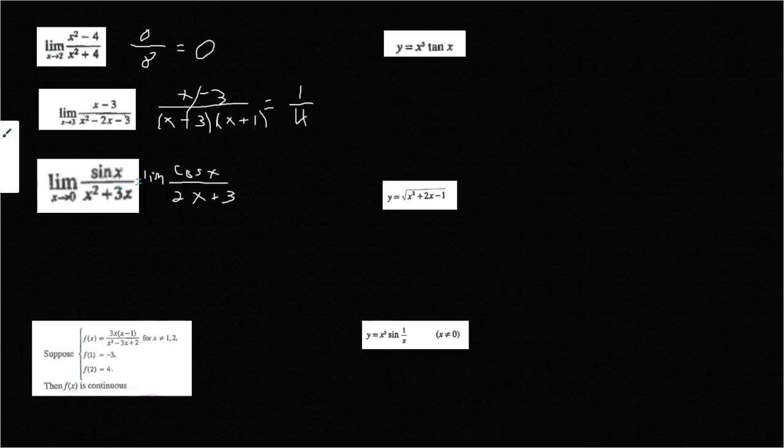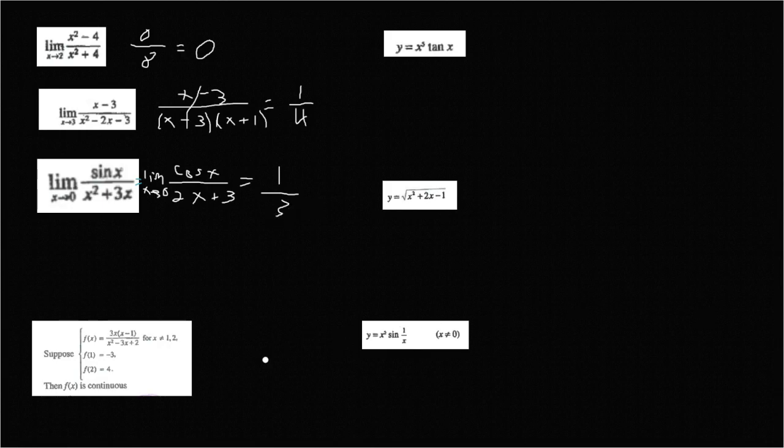So the limit as x goes to 0, that is not an x, x goes to 0. Now we can try substituting in, because we know that cosine 0 is 1, and 0 times 2 is 0, but this 3, so this is actually 1/3.